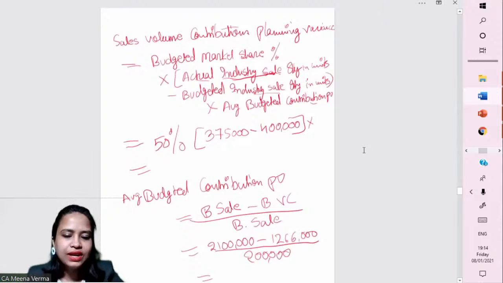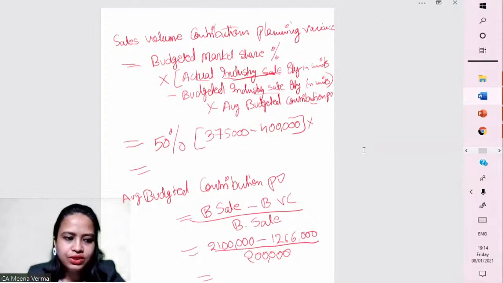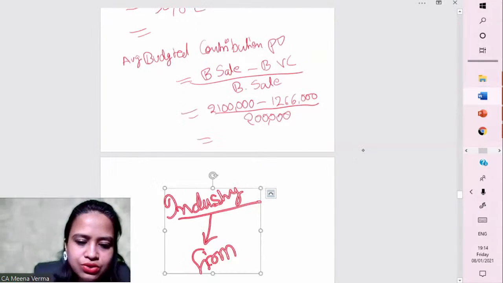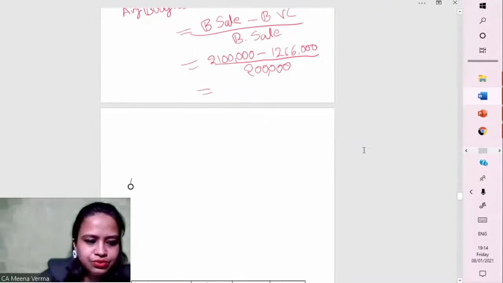After this, calculate the sale volume contribution operation variance. Let me give the formula also for operational variance so that you can do the second portion also.